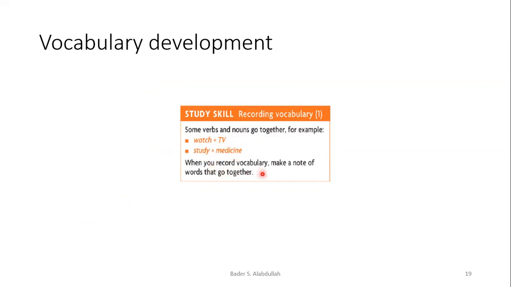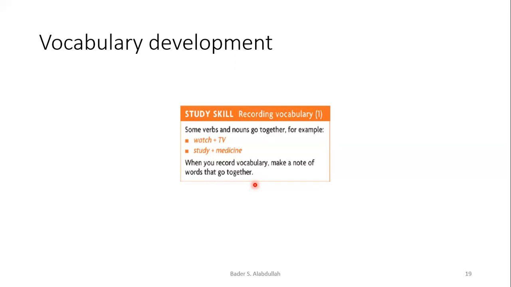When you record vocabulary, make a note of words that go together, or words collocations. Okay, and again, there are no rules for these collocations. So the only way to study these is to memorize them. Okay, to write them in your notebook.